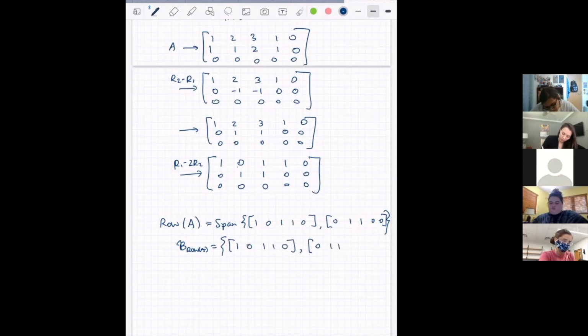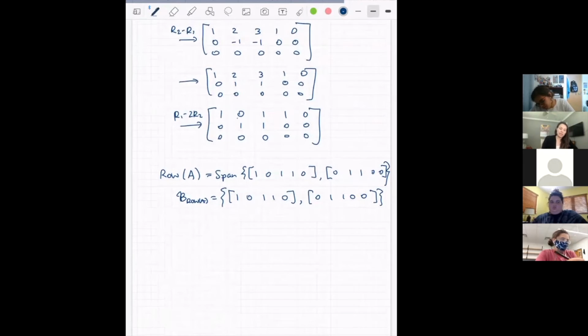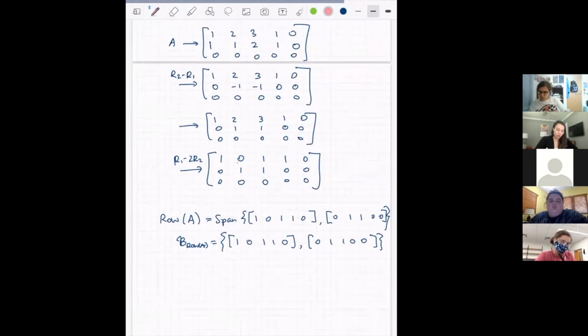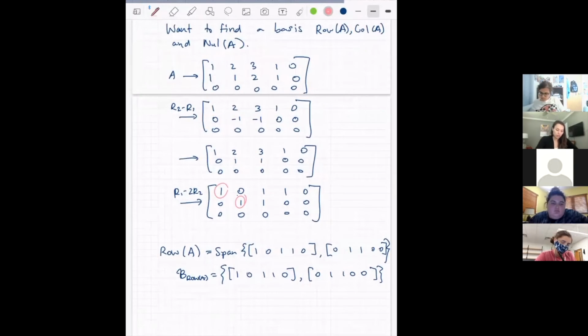Great. That's the row space, and the column space is going to be the columns from A that correspond to our two pivot columns. So two pivots, here and here.